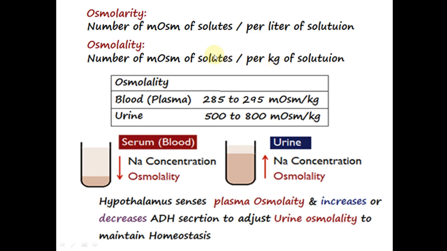Now, before we go to discuss the disorders of the posterior pituitary gland, let us have a brief view of osmolarity and osmolality. Osmolarity and osmolality are nearly the same things, but the difference lies in their expression.